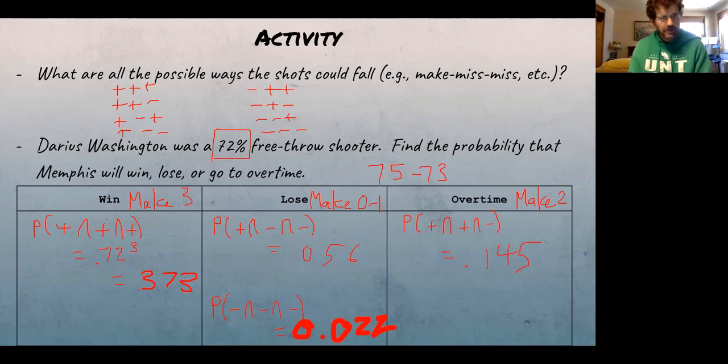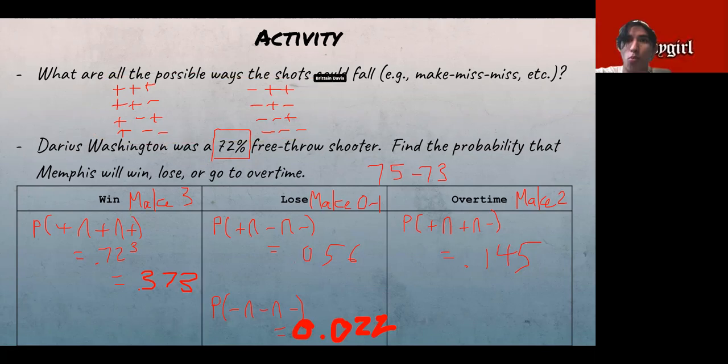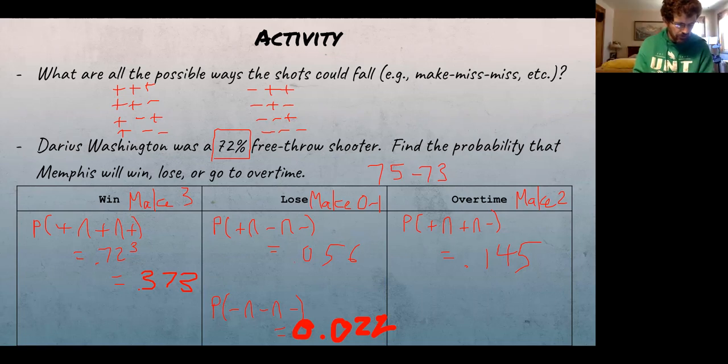But that make is how many outcomes up here end with 3 makes? 1. So we've got 1 outcome. Really what I'm doing here is taking this probability and multiplying it by 1. No difference, 0.373. So it looks like that's the probability they could win.